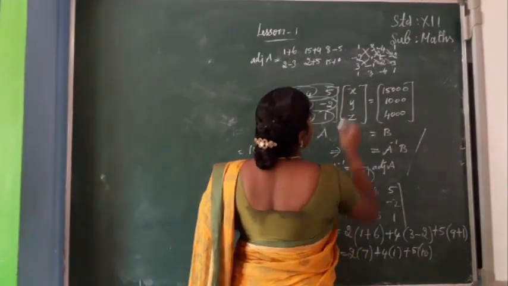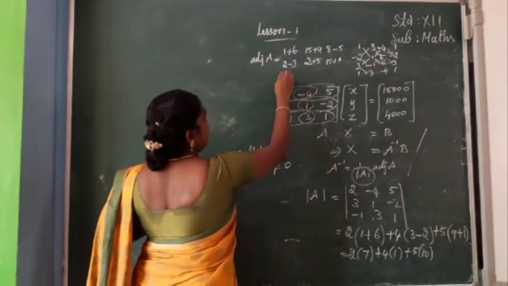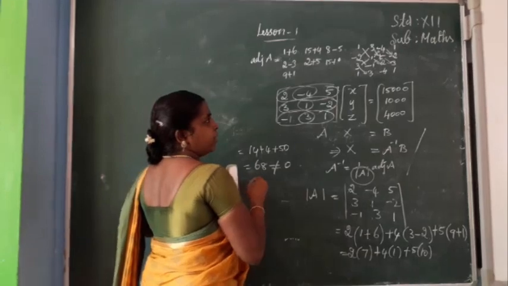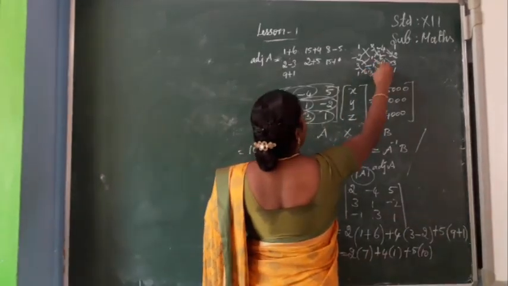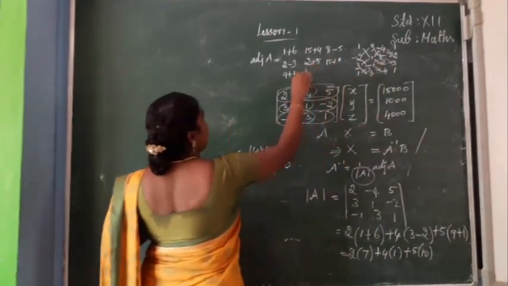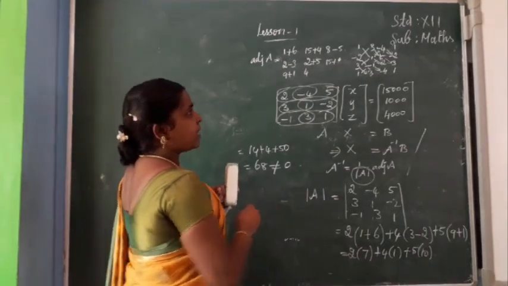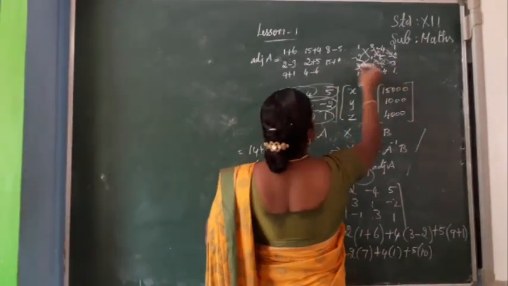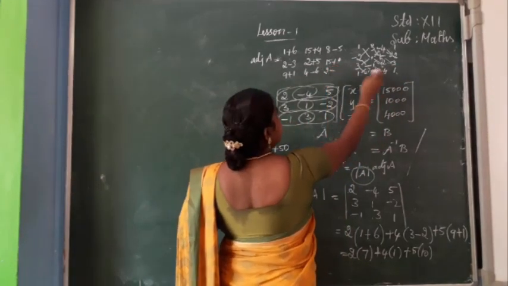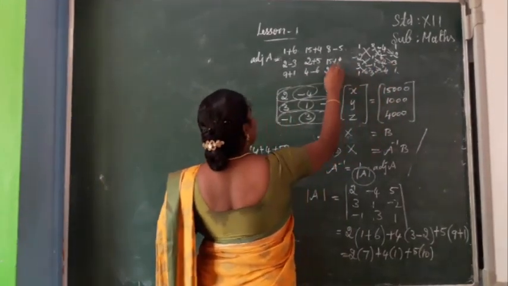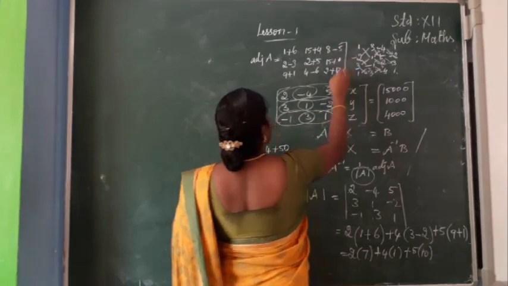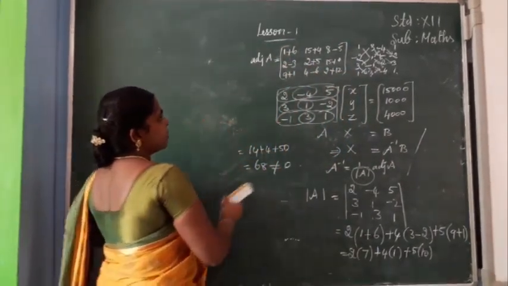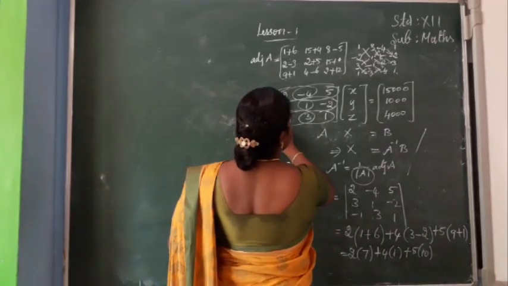Next 3 3s are 9, minus 1 into minus 1 is minus 1, so plus 1. Next minus 1 into minus 4 is 4, 3 2s are 6, so minus 6. Next 2 into 1 is 2, minus 4 3s are 12, so plus 12. Now you have to add or subtract.